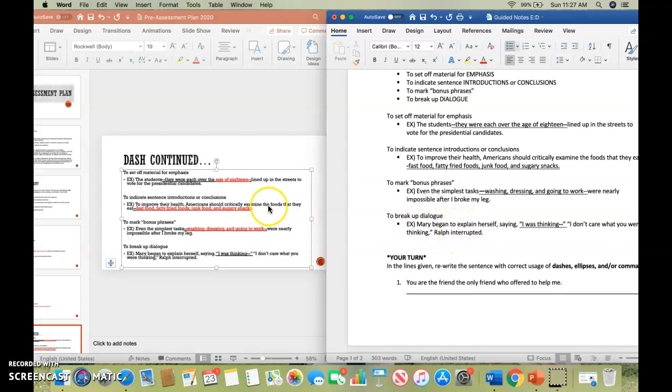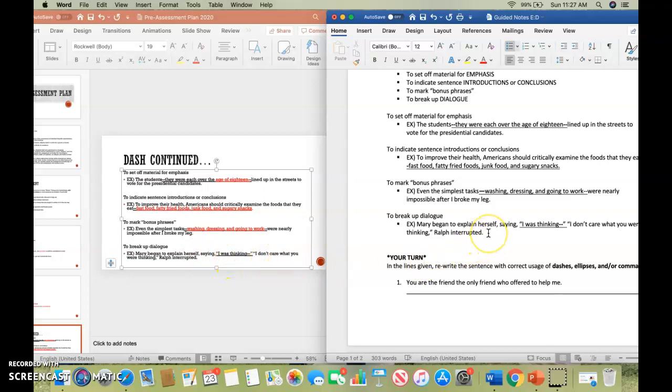And lastly, to break up dialogue. Like I had said before, you guys are doing a really good job with dialogue. This would be really easy to use to interrupt someone almost when you're talking, or when you're the writer showing your characters talking. Your example: "Mary began to explain herself, saying, 'I was thinking,' dash, 'I don't care what you were thinking,' Ralph interrupted."